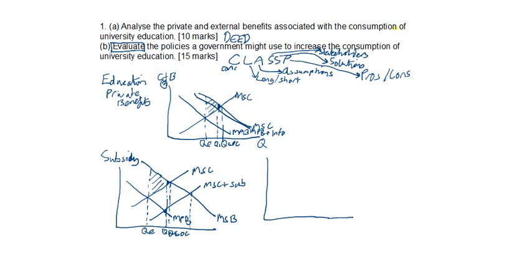So again, we start off with the supply here, and then the government introduces a subsidy to universities, so supply of university places increases, so plus sub, and then we've got our demand down there, and then our original equilibrium point was here.